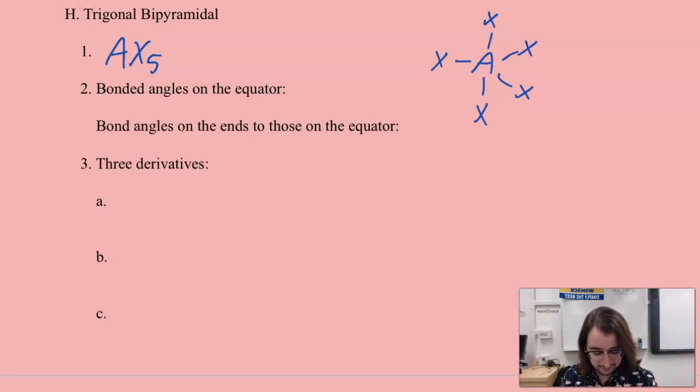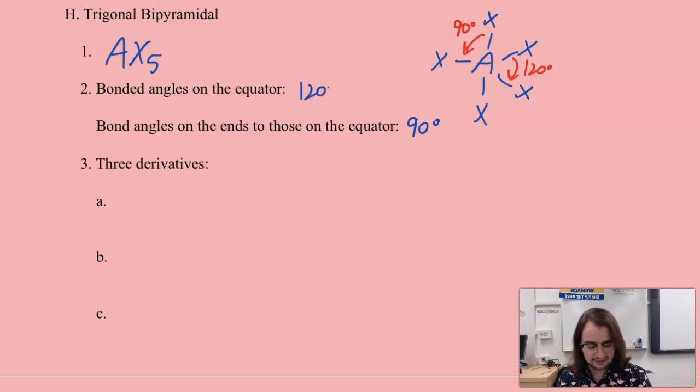From that pole down to the plate, this is a 90-degree angle, so anything from the end to the equator, that's 90 degrees. But then anything going on the equator, so anything on that plate, those are 120 degrees, just like trigonal planar. So you have to imagine it like it's a trigonal planar element with a stick through it. That's pretty much what trigonal bipyramidal is.